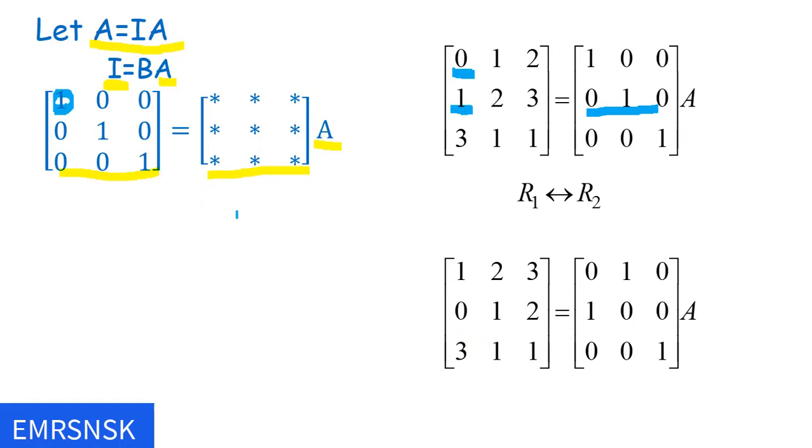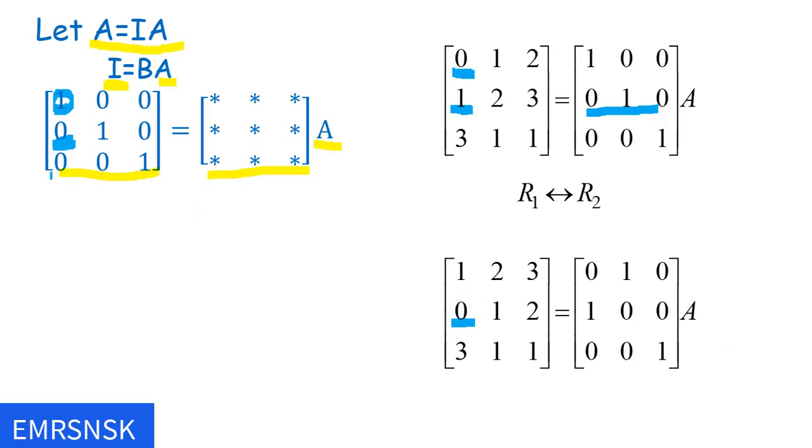Now my second step is what? I need this element to be 0, but after interchanging R1 and R2, this element A21 is also 0. That means we have already performed 2 steps, 2 elementary transformations.